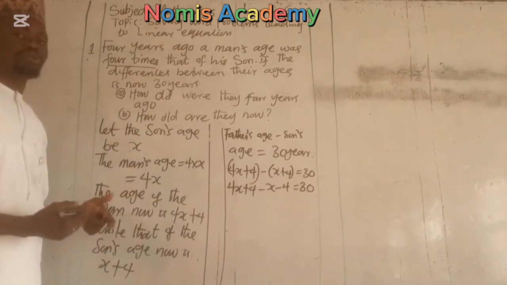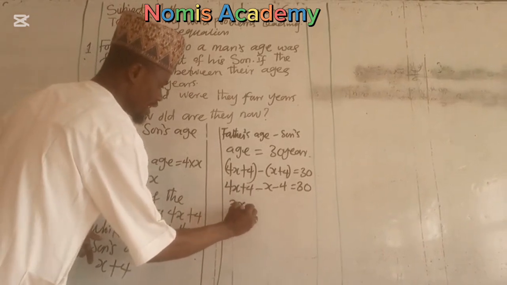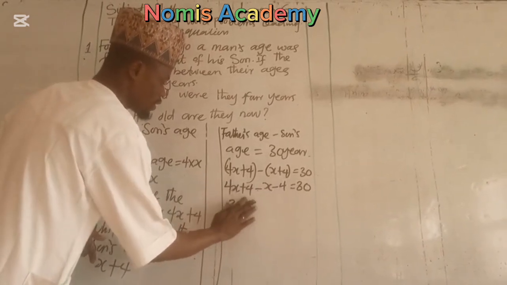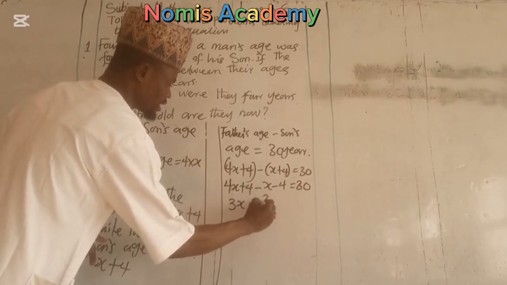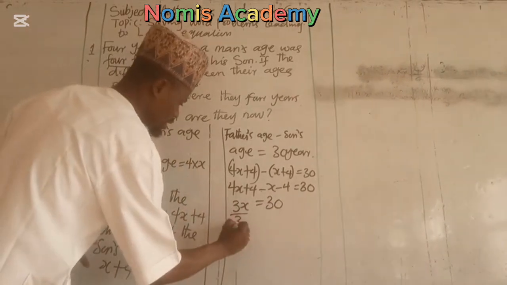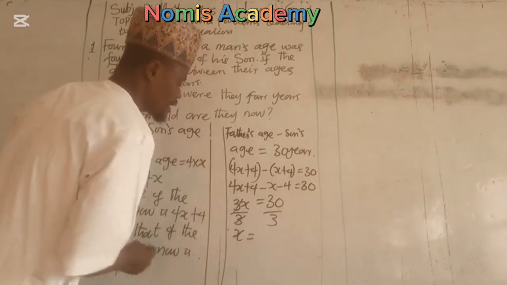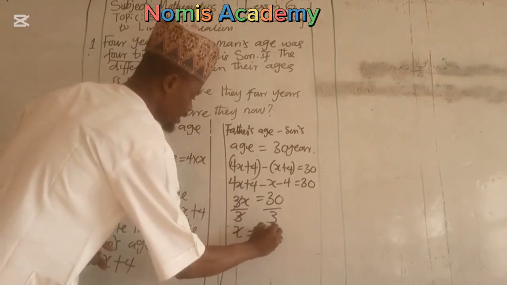It has become a simple equation. 4S minus S, we have 3S. Plus 4 minus 4, we have 0, equal to 30. Which means 3S equals 30. Divide both sides by 3. 3 cancels 3. S equals 30 divided by 3, we have 10 years.